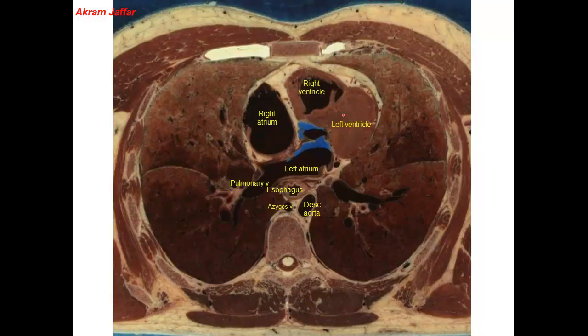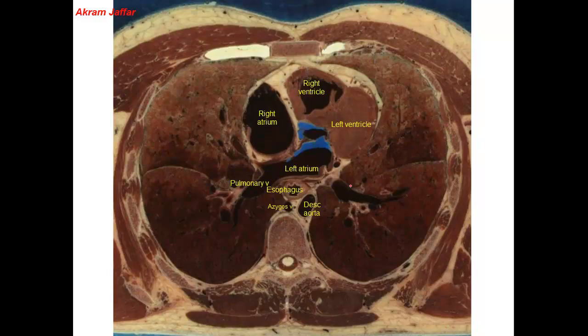The left ventricle has a very thick muscular wall compared with the muscle wall of the right ventricle, and the right ventricle is also thick compared with the muscle wall of the right atrium or the left atrium. We can see here evidence of the trabeculae carneae and papillary muscles in the right ventricle.